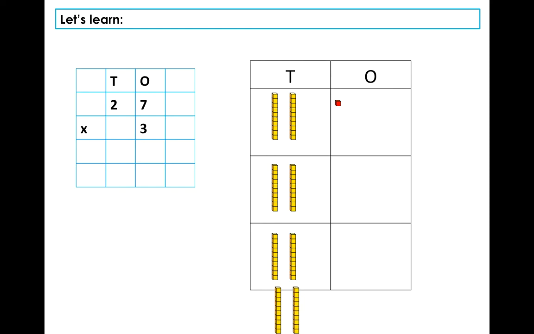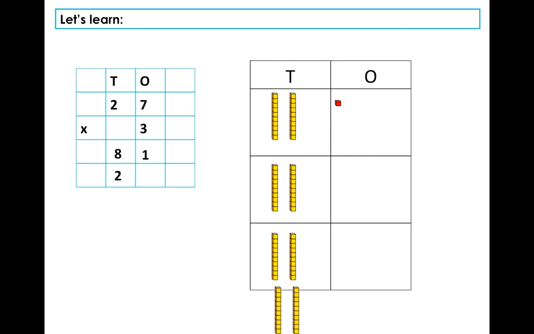Then we show that in our calculation, so we have a 1 in the ones column, and then our 2 goes underneath the 10s. And then we carry on, we do the 10s multiplied by the ones, so 2 multiplied by 3 gives us 6 10s, and we add on the extra 2 10s to give us 8 10s.